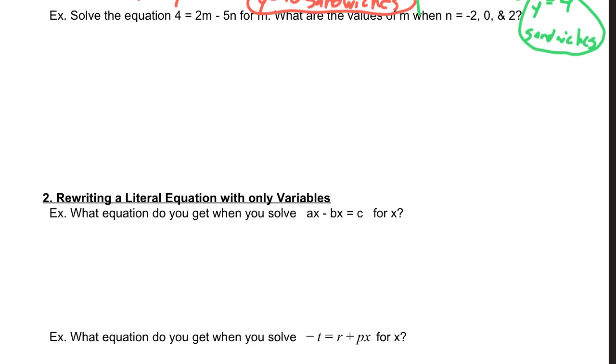In the next example, it's a little more explicit. I'm asking you to find the value of m for different values of n. I'm going to show you the first one, and then I'm going to have you pause the video and try the next two values on your own.